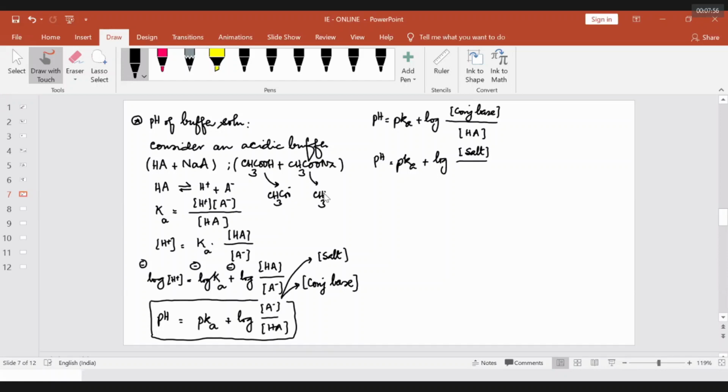But you know very well that the concentration of acetate ion available from salt, who is this fellow? Salt. And who is salt? Strong electrolyte. And this is concentration of acetate ion from weak acid. And who is weak acid? Weak acid is supposed to be already suppressed because of common ion effect.